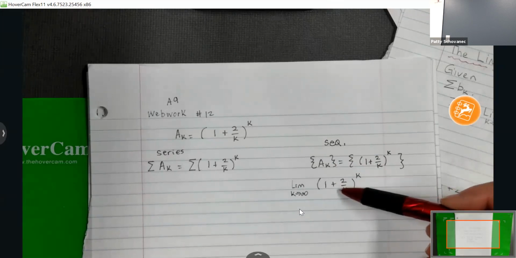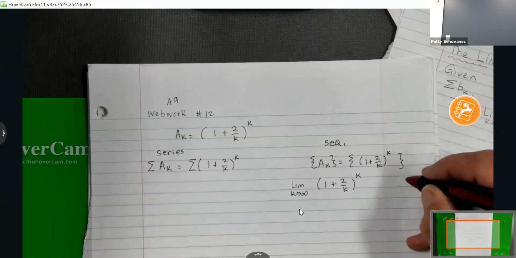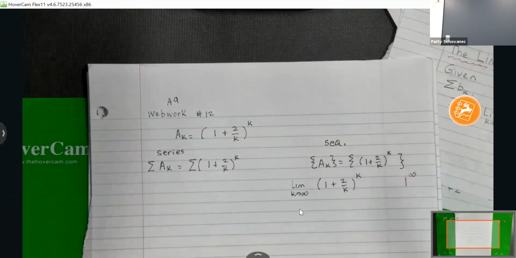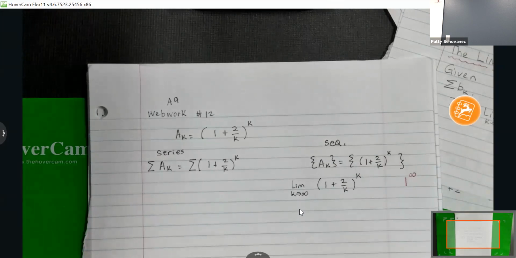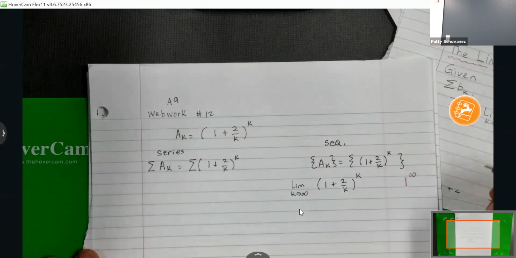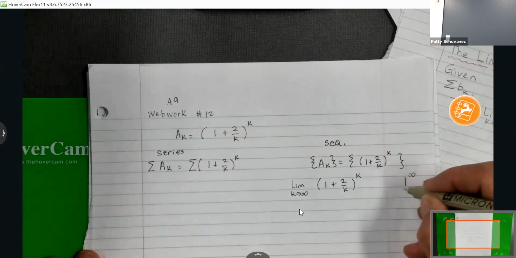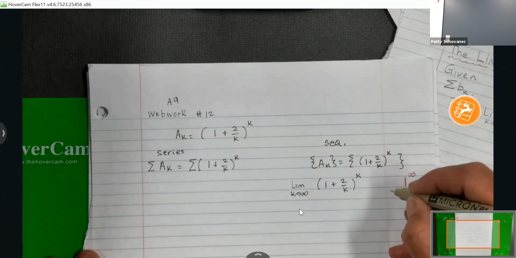So this behaves like 1 to the infinity. That's an indeterminate form that we can't use L'Hopital's rule for, but we can manipulate it so that we can use L'Hopital's rule. This is an exponential indeterminate form.